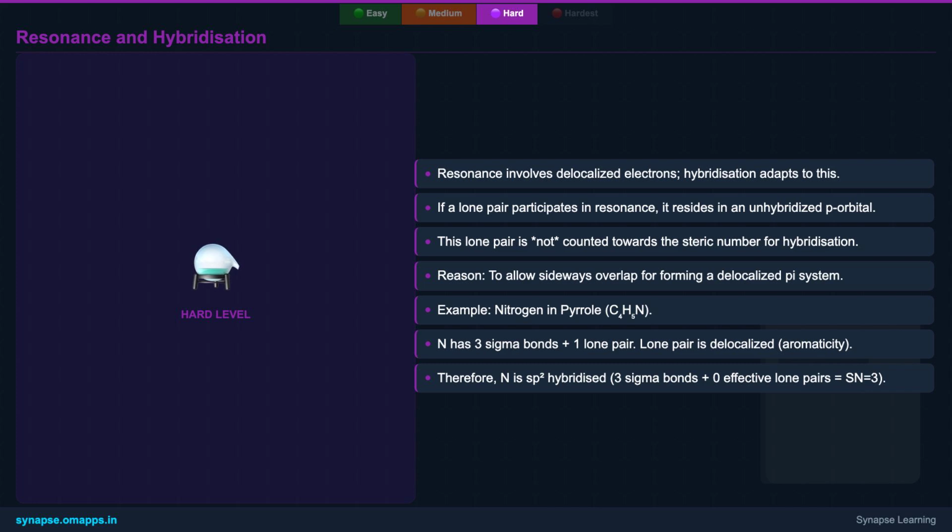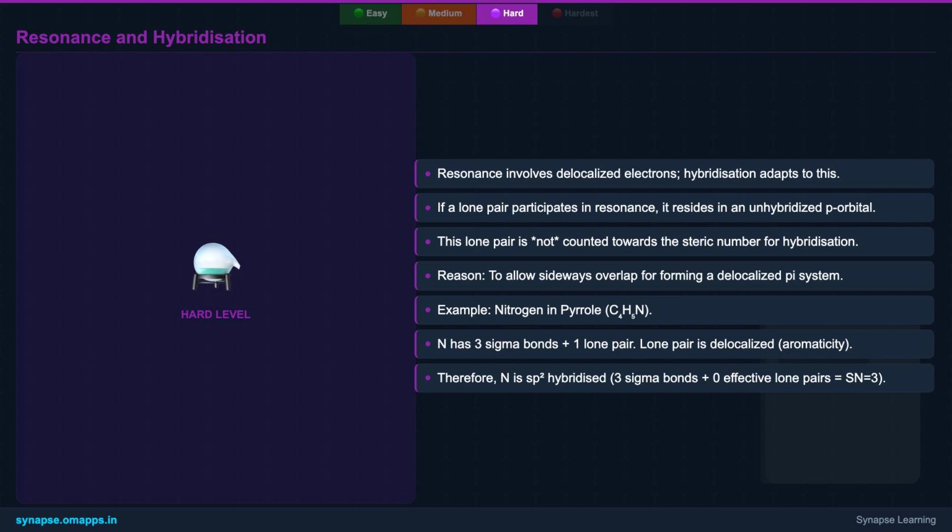A classic example is pyrrole, a 5-membered ring containing nitrogen. The nitrogen atom forms 3 sigma bonds and has 1 lone pair. If we blindly applied the steric number rule, 3 sigma plus 1 lone pair is equal to 4, we'd predict sp³ hybridization. However, pyrrole is aromatic, and the nitrogen's lone pair is crucial for its aromaticity, participating in the ring's delocalized pi system.